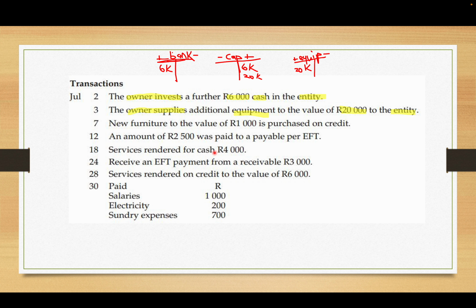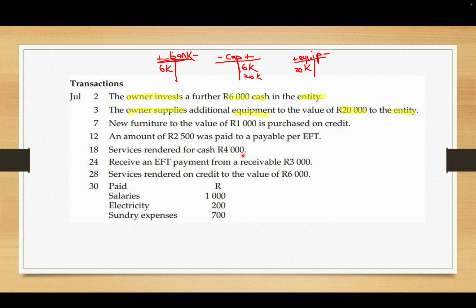I'm offering a service to UJ of painting, so that's gonna pay me for the paintings I've done for UJ. So that's services rendered. So I basically rendered a service to UJ, so I must get 4,000. That 4,000 is recorded as income, right? And it's cash, so it's gonna increase my bank by 4,000 and increase my income by 4,000.